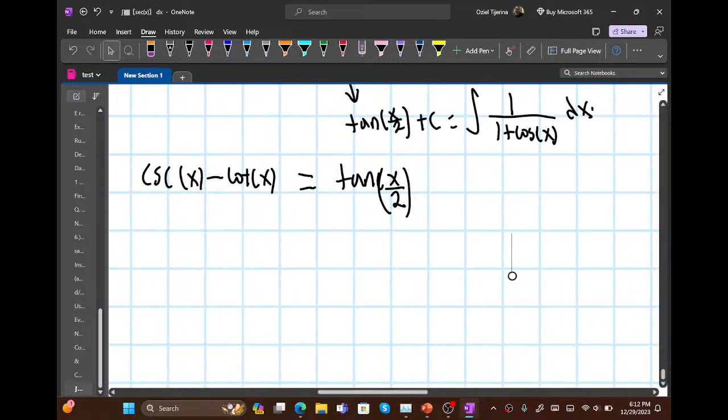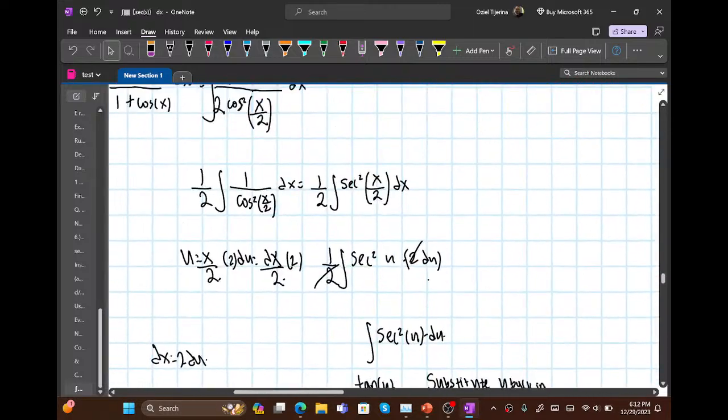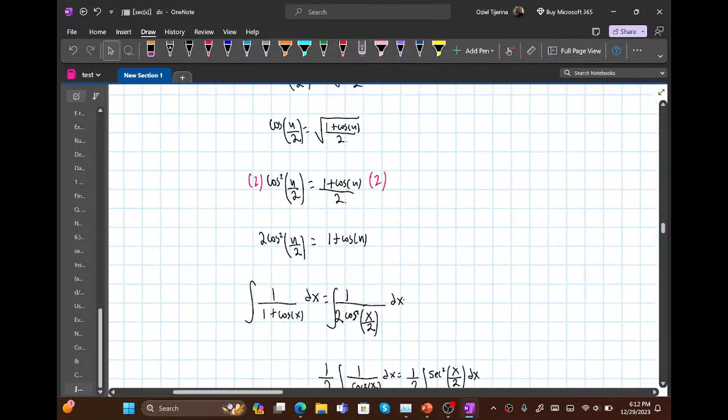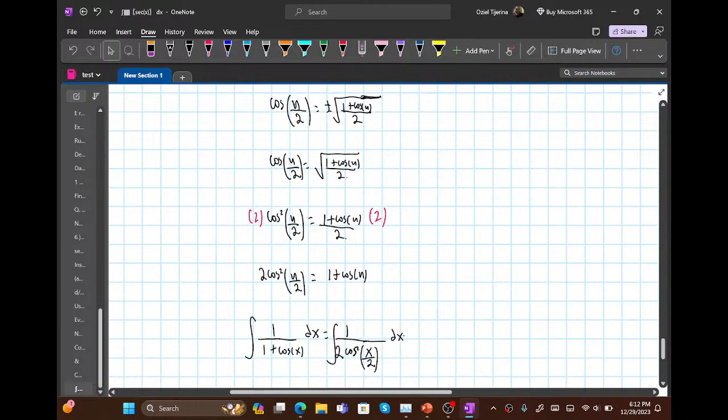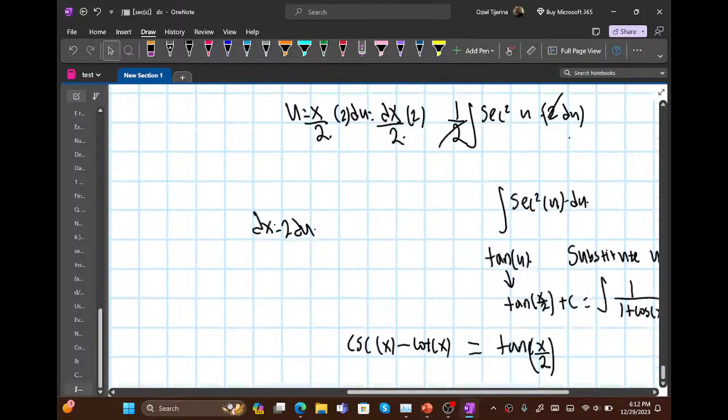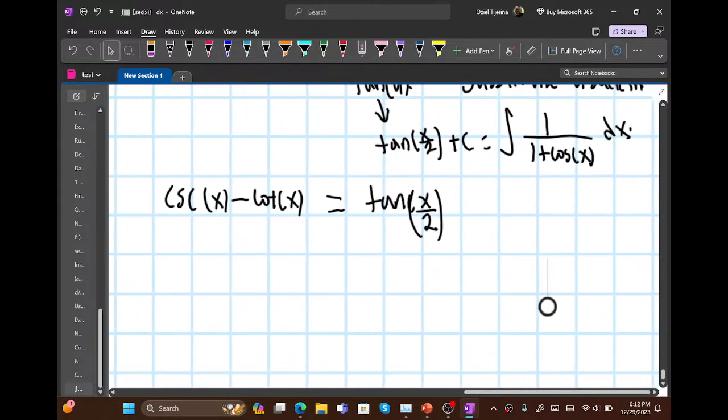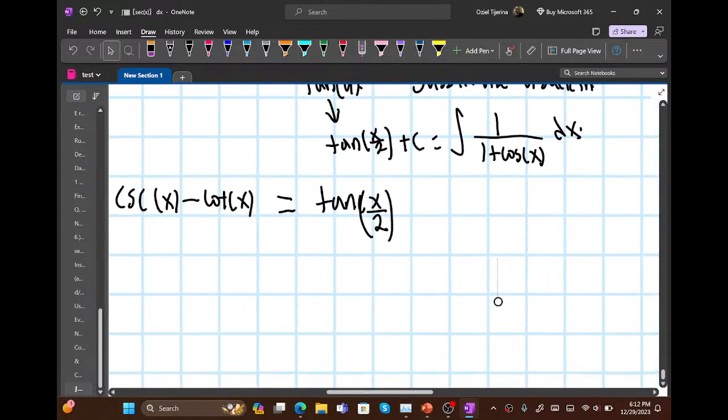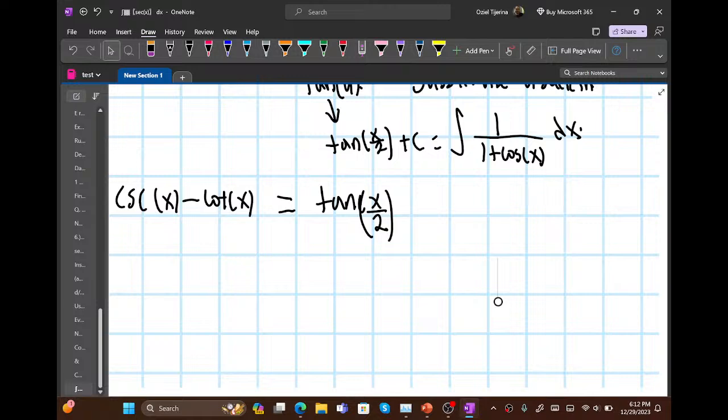I don't think I did. Okay. We're almost done. We're just gonna go ahead and prove this so that I can show y'all that it's the same thing as our antiderivative when we do the antiderivative.